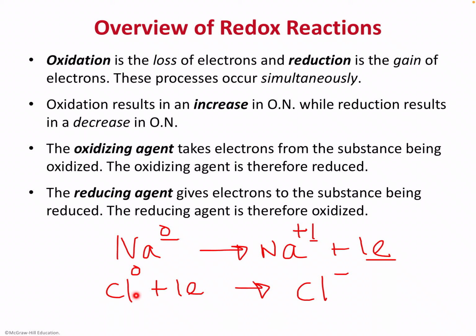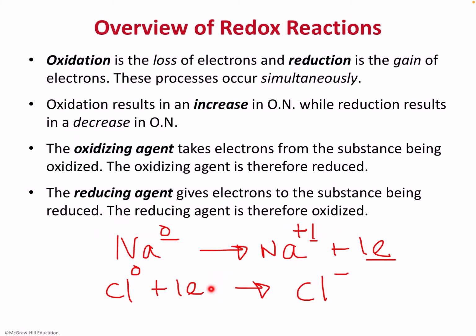That's going to be chlorine in this example. The oxidizing agent takes electrons from the substance being oxidized. Oxidizing agent is therefore reduced, right? Because since chlorine is helping sodium to oxidize by gaining that electron, the oxidizing agent is reduced. Now we also have a reducing agent. It gives electrons to the substance being reduced. Reducing agent is therefore oxidized.